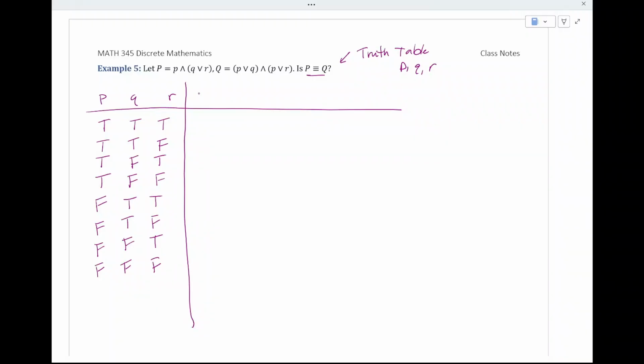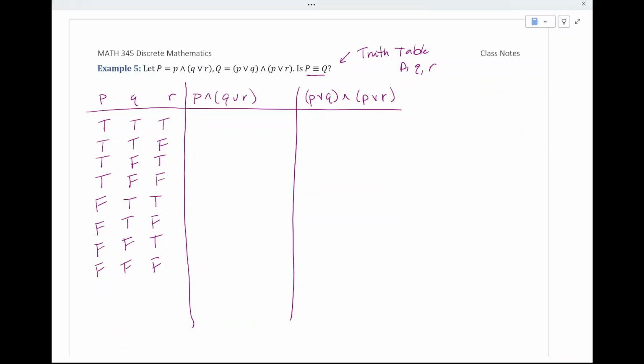So I'm going to have my statements over here, my propositions, P and Q or R. And then I'm going to look at P or Q and P or R. And now I'm ready to fill out my table, and if it's exactly the same, they're equivalent. If even one row is different, then they are not equivalent.